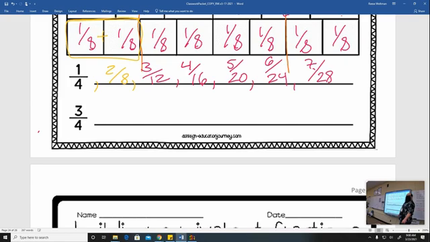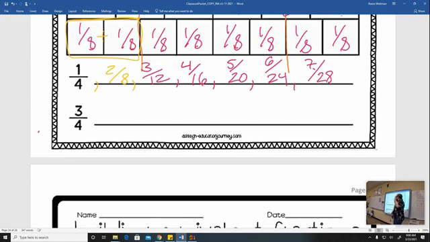Abigail, what's 24 divided by 6? 4. What is 20 divided by 5? 4. What is 16 divided by 4? 4. What is 12 divided by 3? Please stop coming out with numbers that are not correct, please. That doesn't help. 12 divided by 3.